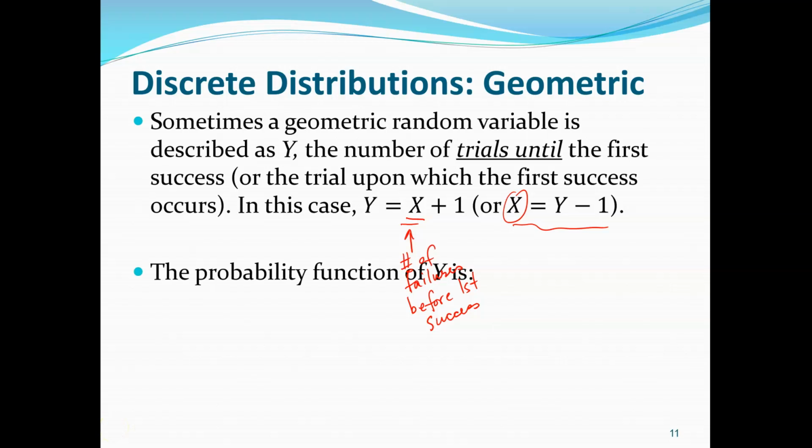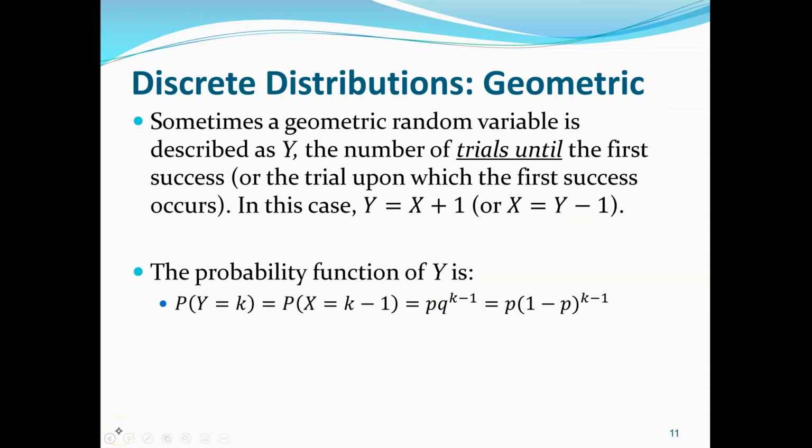What would the probability function be in this case? The probability function of Y, the probability that Y is equal to k, is the probability that X is equal to k minus 1, just using this formula here.